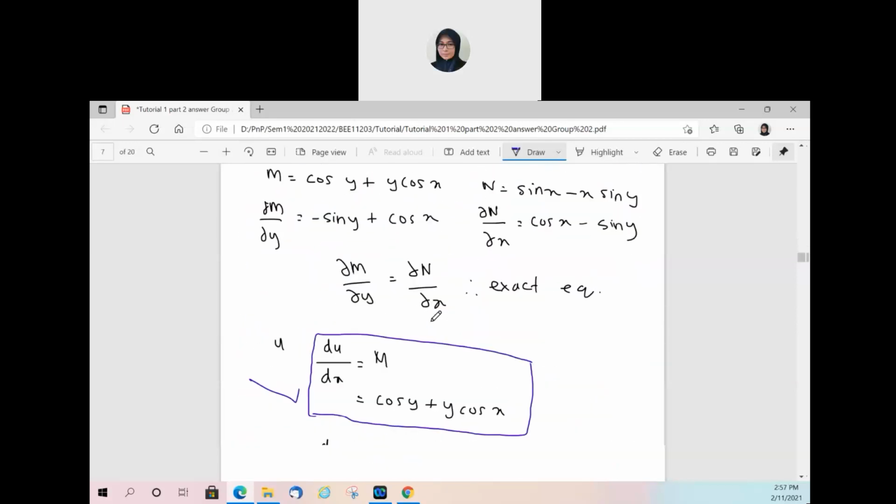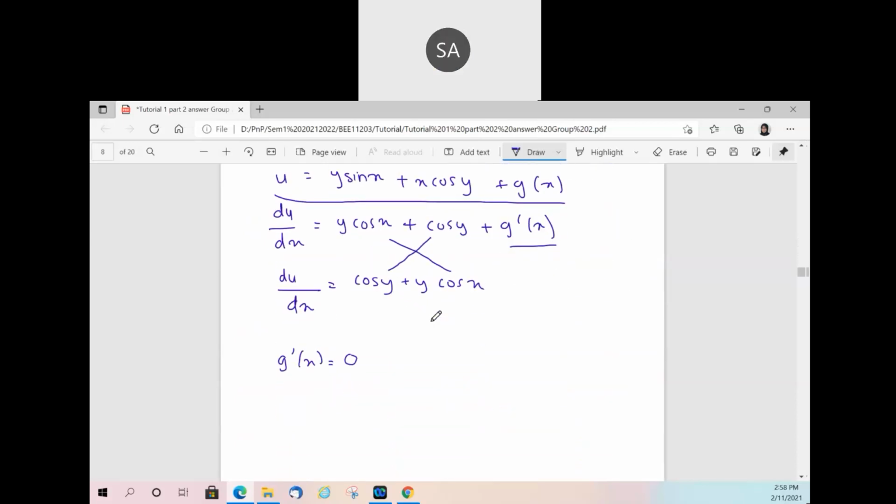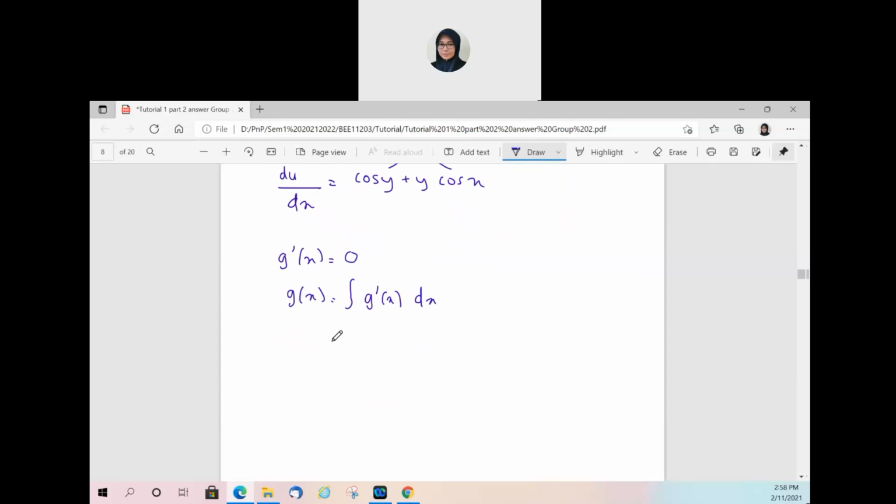Okay. So this one g prime x equals 0. So to get g(x), you have to integrate g prime x dx. So now you integrate g prime x, you integrate 0.